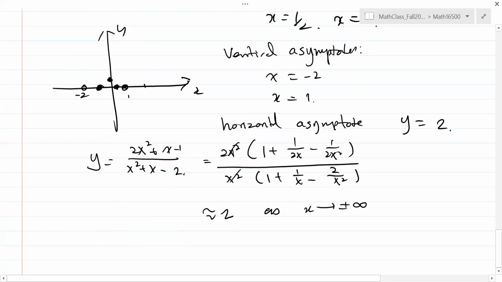So now I think we can draw the graph. We use the vertical asymptotes, the x-intercepts and y-intercept, and we can sketch the graph. All right, so let's see.